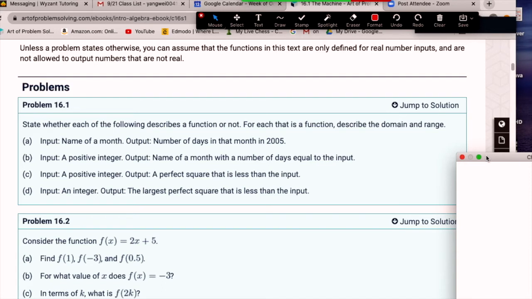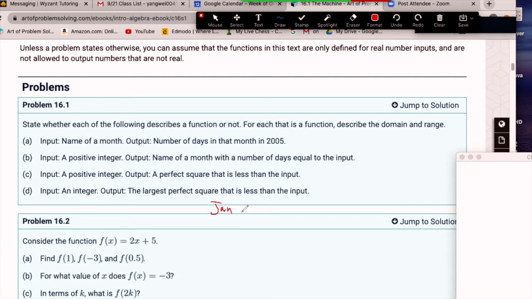Why? Because the name of the month, if you use a full English word, they're all totally different, right? Names of months, that'll be January. Even if we use the 3 letters, they should not be exactly the same. They all should be different.